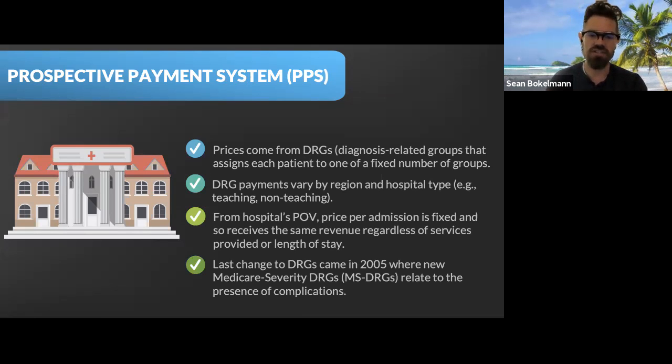The latest change to this system came in 2005, where a new Medicare severity DRG was created that relates these groups to the complications involved with the illness. So this was an attempt to try to provide a little bit more flexibility, basically, to the hospital.